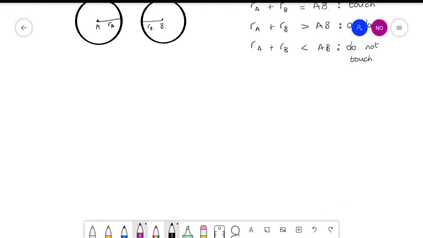So they say show that the circle (x plus 3) squared plus (y minus 4) squared is equal to 4 touches this one. Okay. We are not going to be able to do this one with that method I just showed you.